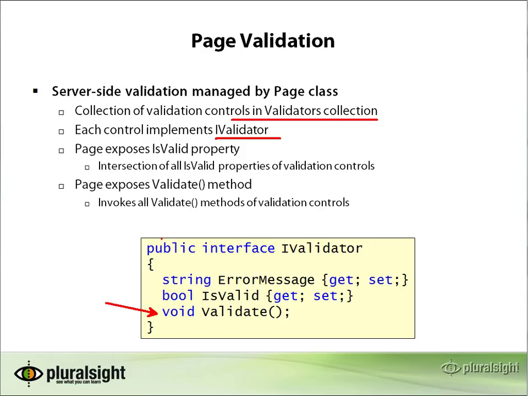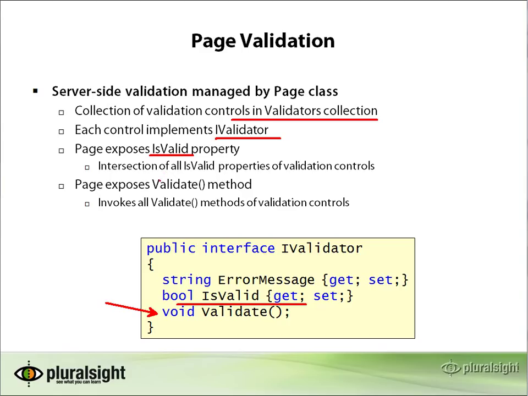But what you need to know about this is the page does expose an IsValid property, and that is essentially the intersection of all the IsValid properties on the controls that it has in its collection. So you can very quickly check on the server to see if all of the validation controls have passed validation by looking at the IsValid property on the page class.